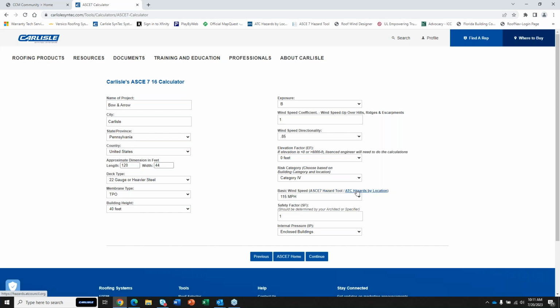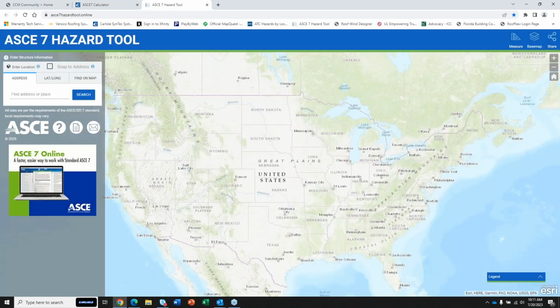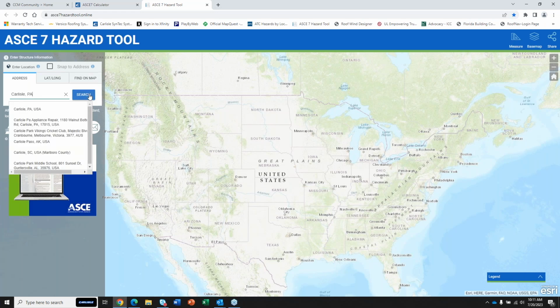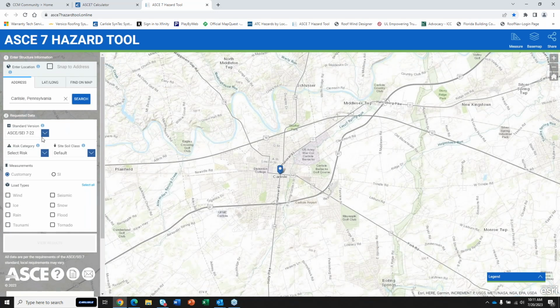Now, there's a couple of links here that give us a way to find out what the elevation is. These are both free, so the link doesn't cause a problem with anybody. You tap in your location, and then this is the ASCE 7 hazard tool.